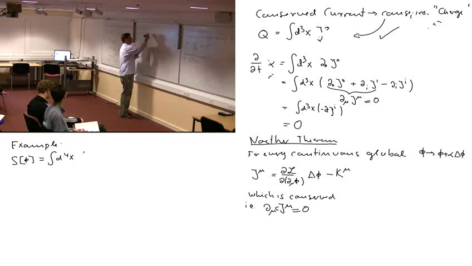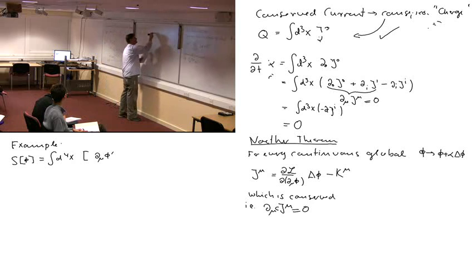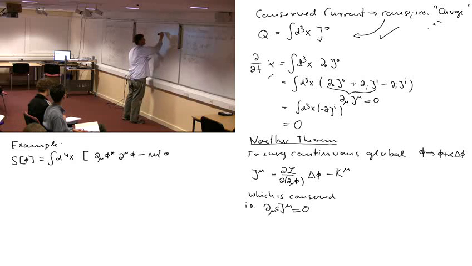This is just a scalar field, but a complex scalar field. So it's d mu phi star, d mu phi minus m squared phi star phi.